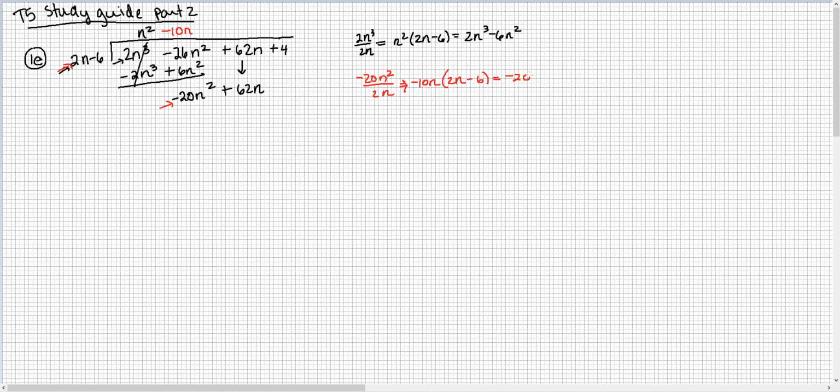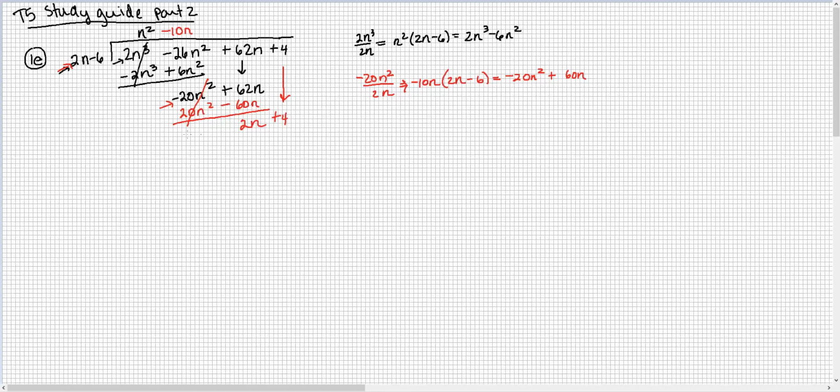Alright, we get negative 20n squared plus 60n. Alright, and then when we place this underneath, we have to change the sign. So this becomes 20n squared minus 60n. Alright, this cancels and we have 2n. Right, and we're going to bring the plus 4.